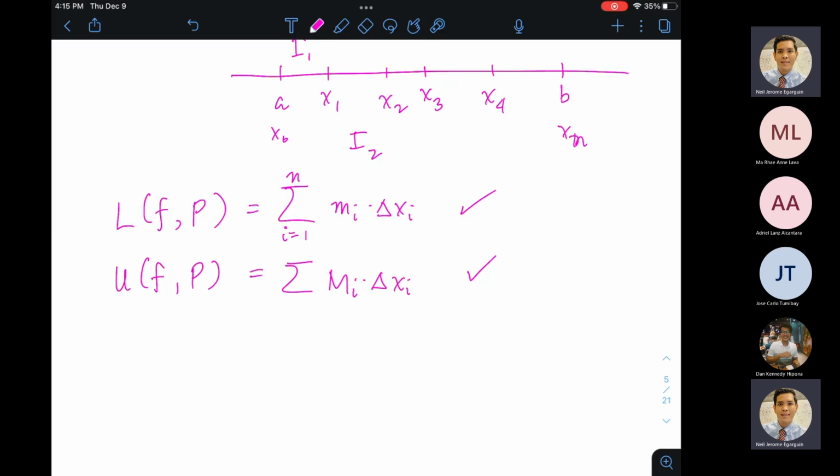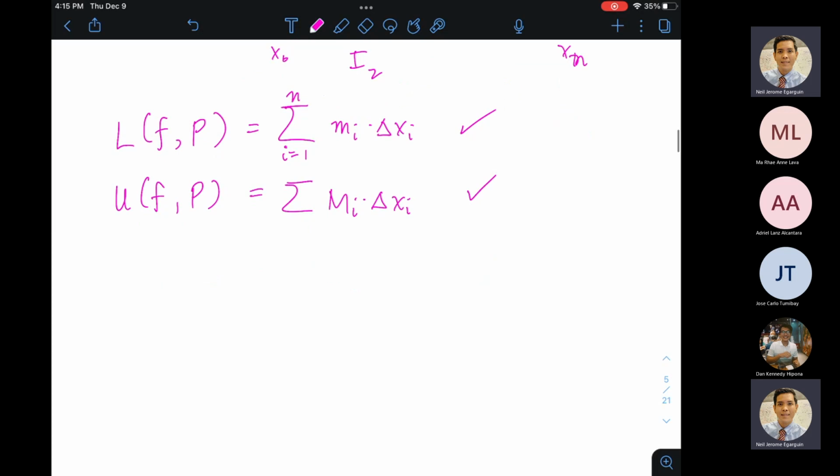I want them to meet in the middle, and for that, I will take, for instance, gusto kong palakihin yung mga lower sums, pero ayoko silang palakihin ng sobra. So, kukunin ko na lang yung least upper bound ng mga lower limits.